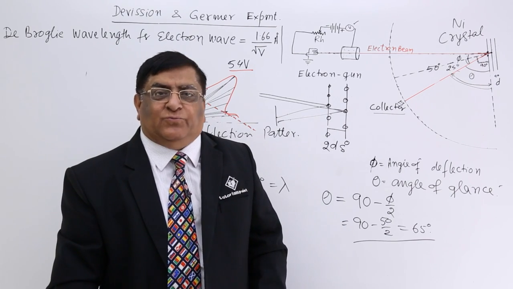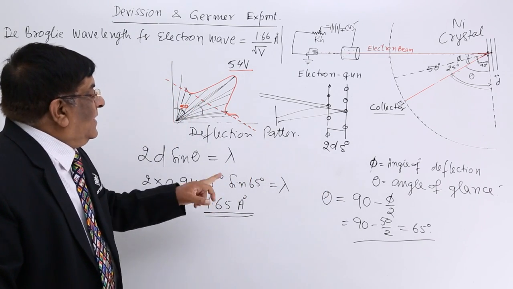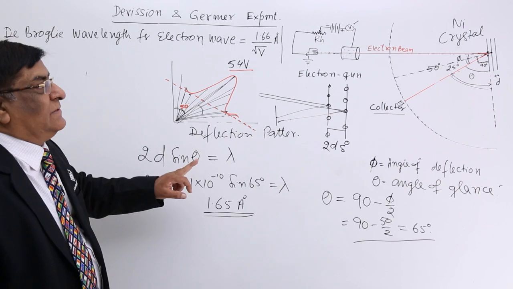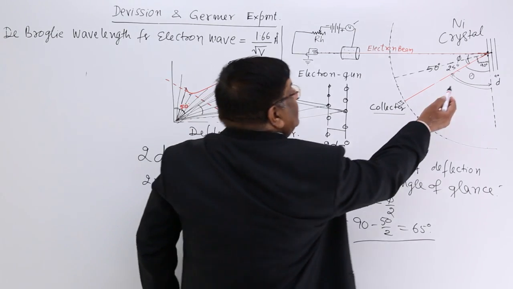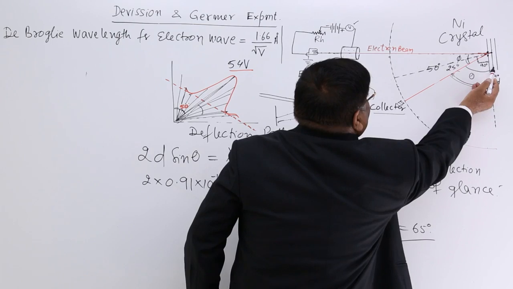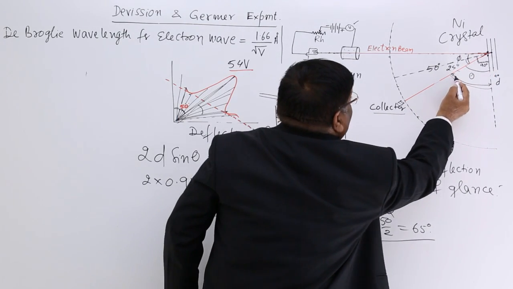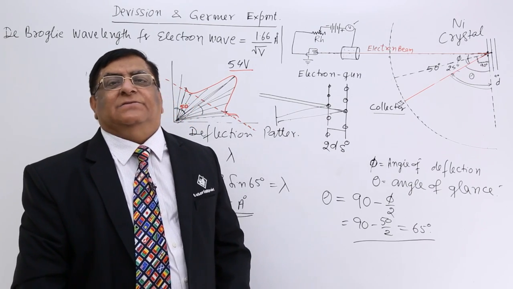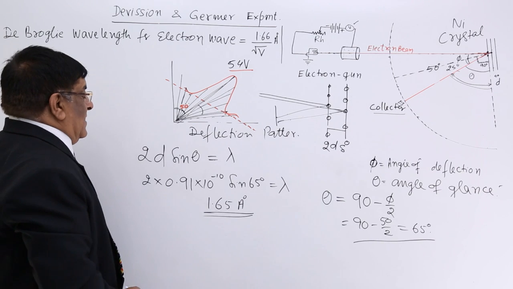Then we found out the formula for wavelength, and that wavelength is equal to the path difference. We calculated by geometry, knowing the distance between two layers of the nickel crystals and the angle of glance. We could get the path difference equal to 2d sin theta.